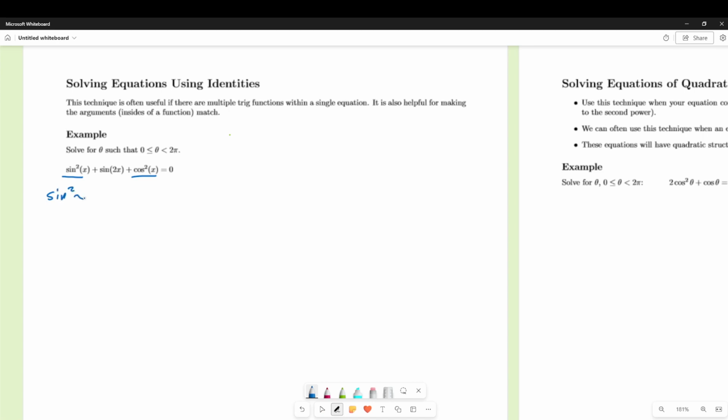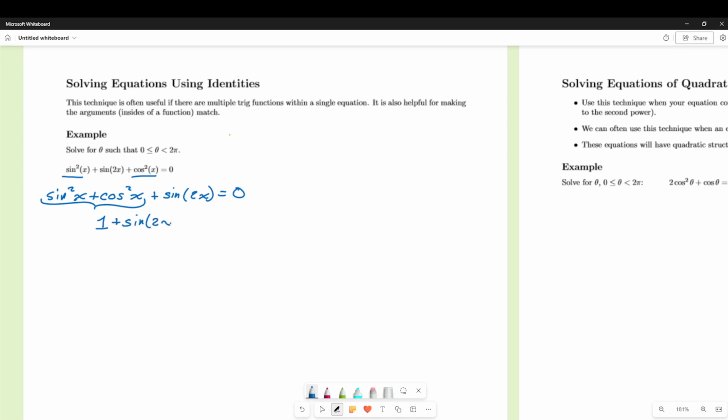If we rewrite this in a different order, remember they're added together, so by the commutative and associative property, we can add them in any order. If we look at them this way, you can remember that sine squared plus cosine squared is equal to 1.